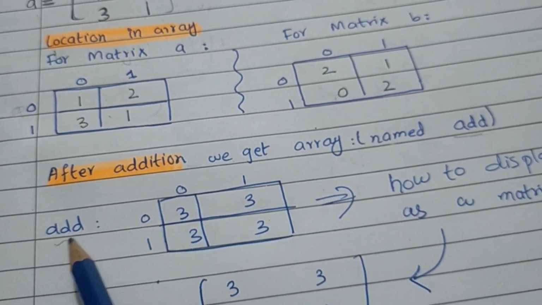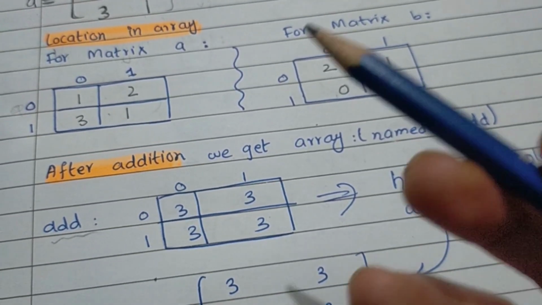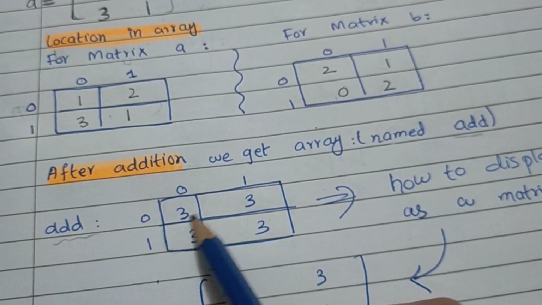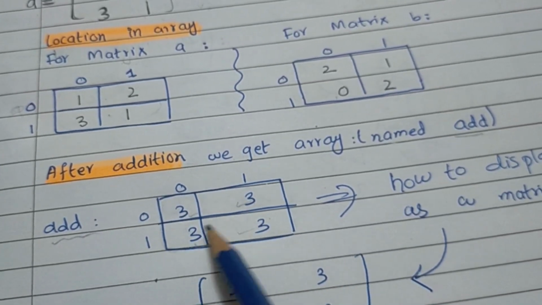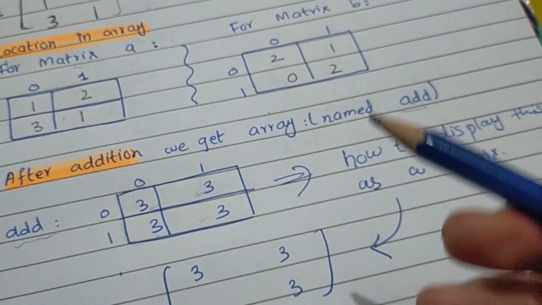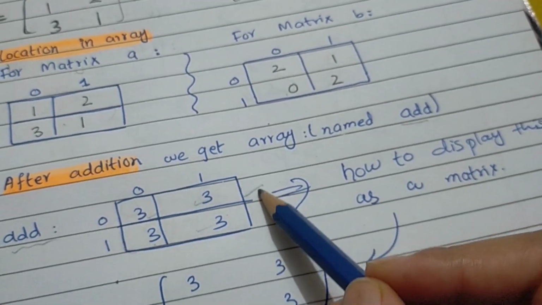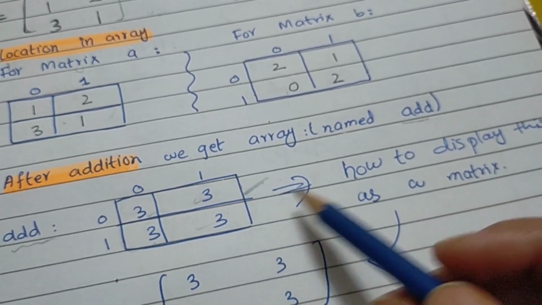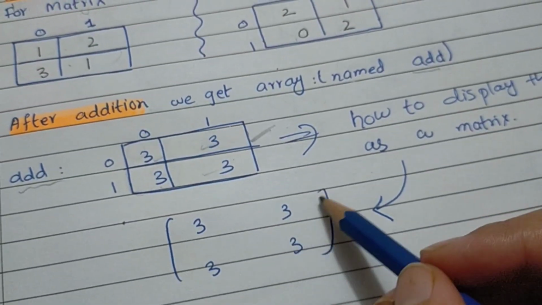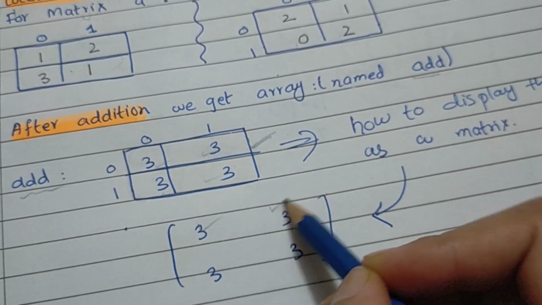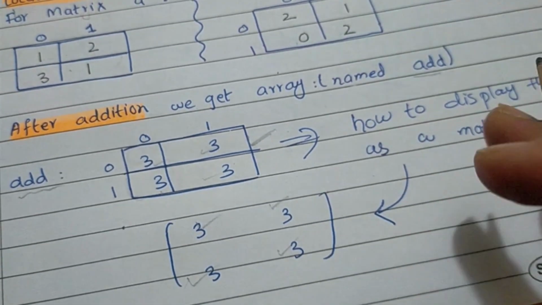So here in the array, the location of these elements is like this. Okay, so how will we display this array as a matrix? How will we display it like this on the screen?